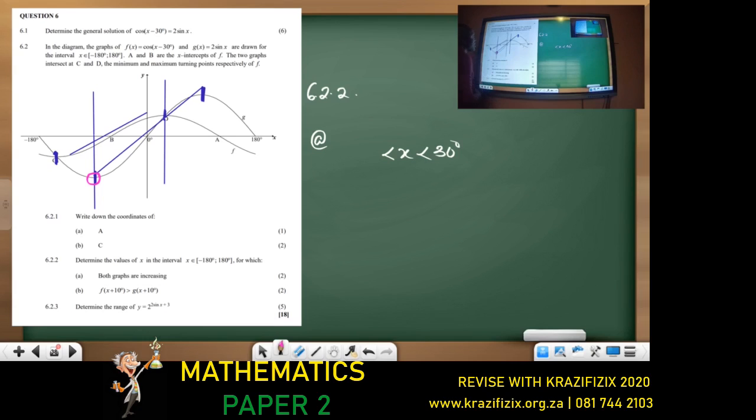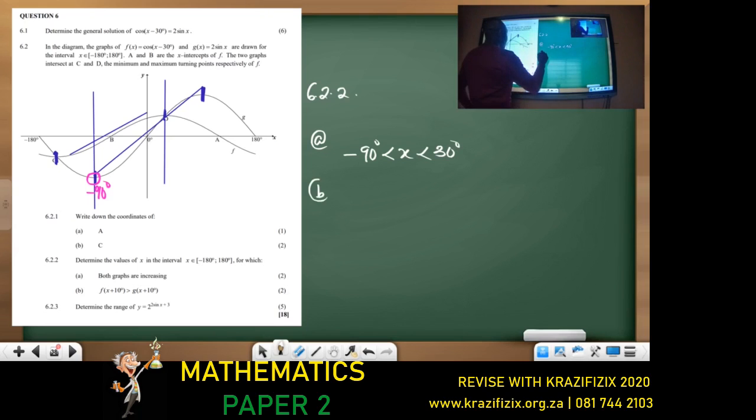So where is the minimum value of the sine graph? It is going to be at negative 90 degrees. Sine 90 is 1, but sine negative 90 is negative 1. So I'm going to have negative 90 degrees less than x less than 30. That's where both functions are increasing.